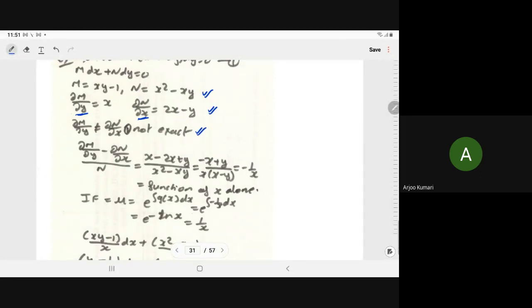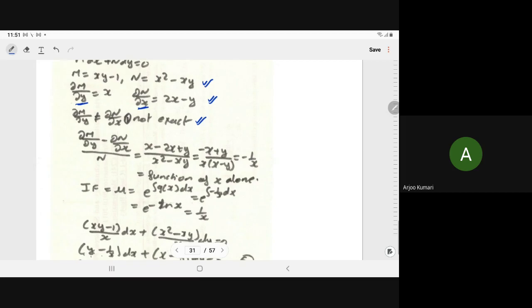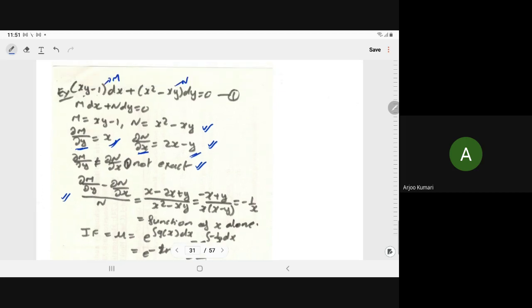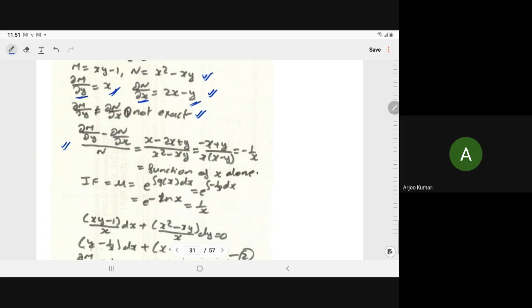When they are not exact, we compute 1 upon N into del M by del y minus del N by del x. Del M by del y is x, and del N by del x is 2x minus y, upon N, where N is x square minus xy.